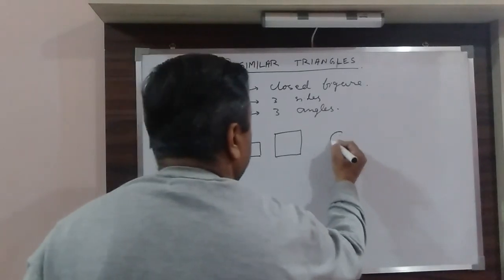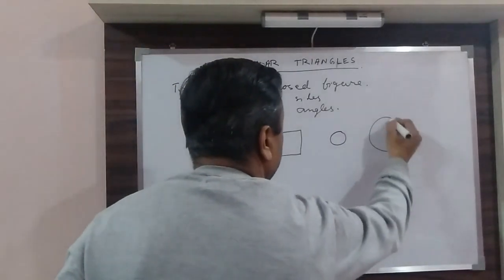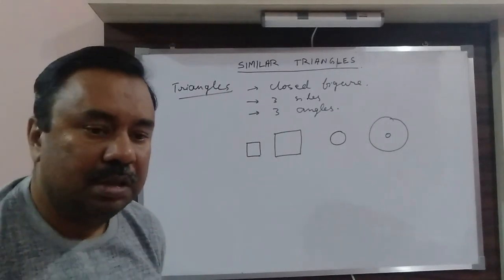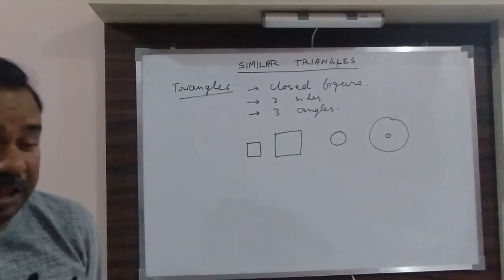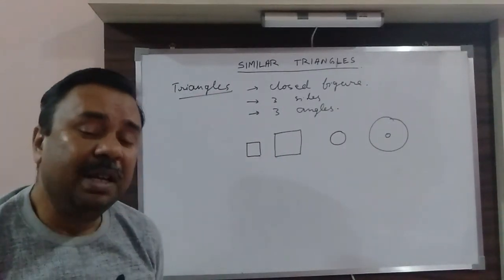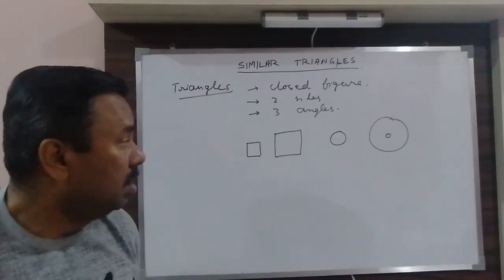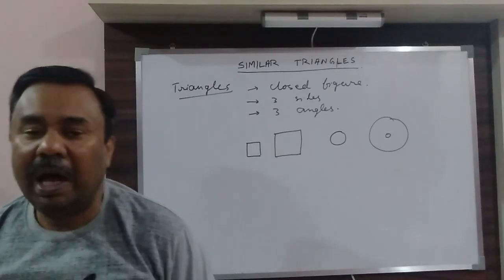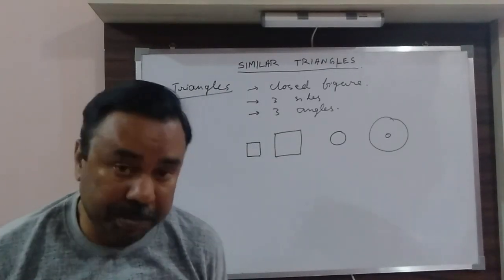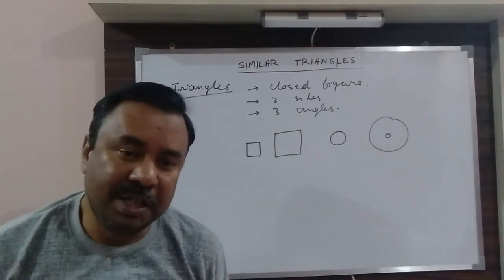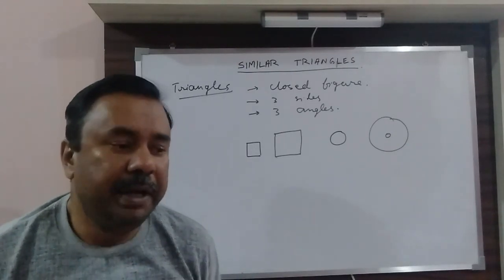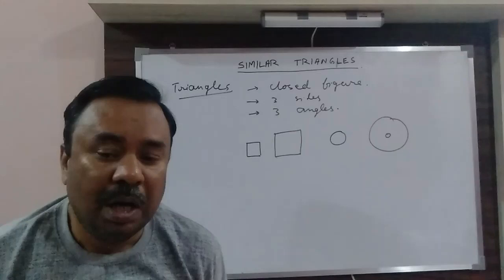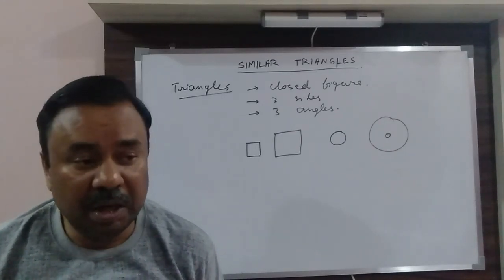Similarly, if I make a bigger circle and a smaller circle, all of them are circles. All of them are just different in sizes, not in the shape. So any two figures having the same shape, sizes may be different, are called similar figures.